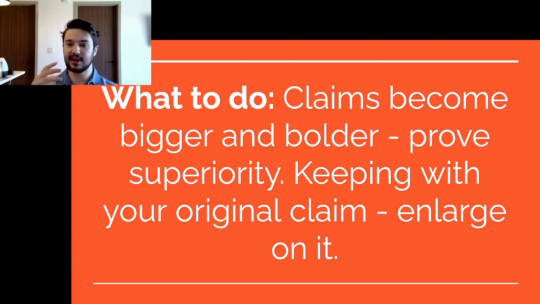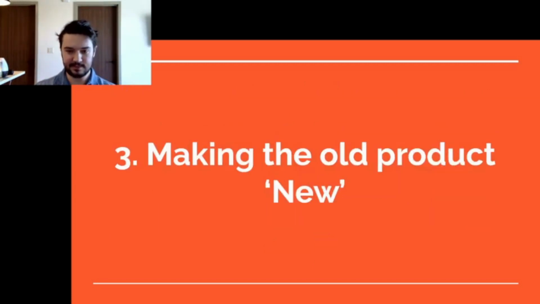It's not just going to be, oh, here's this new thing and it solves this problem, right? Now you're going to actually need to make some bigger and bolder claims that are going to prove the superiority of your product over the competitors. So you are going to keep your original claim that is so important, and you're just going to enlarge upon it.